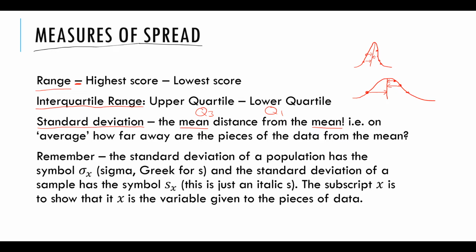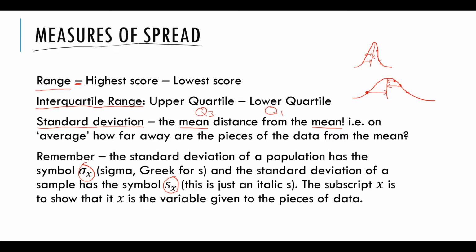In the very first lesson, we introduced a couple of symbols. The first one is sigma x, and the x is just a little subscript to say that we're giving the pieces of data the variable x to represent them. Then the sample standard deviation is s x. Once again, the x is just the variable we've given to all the pieces of data.